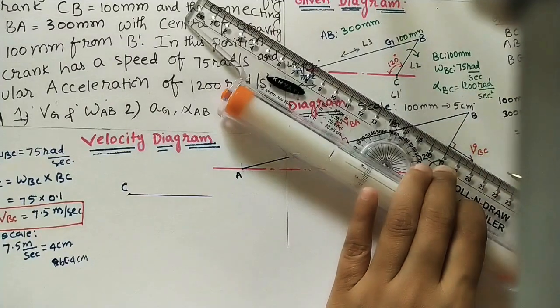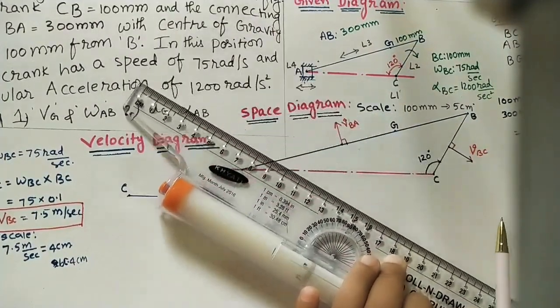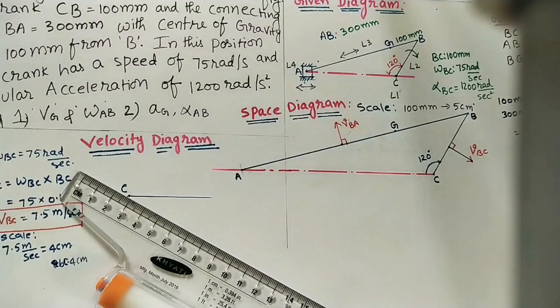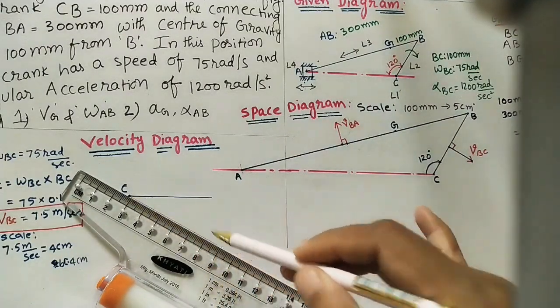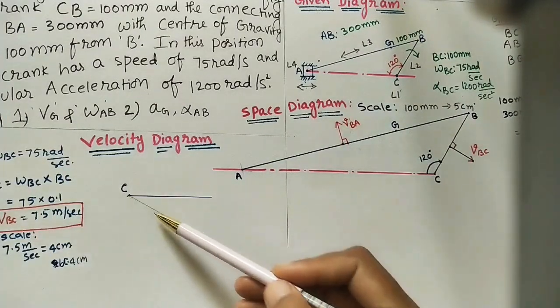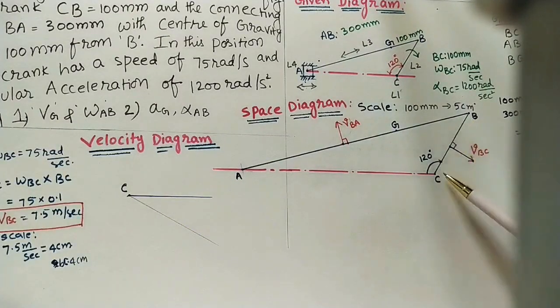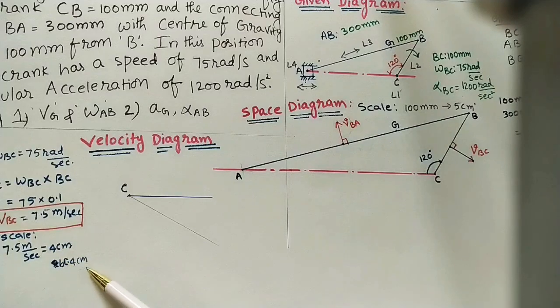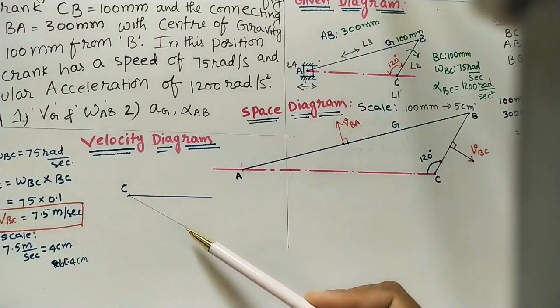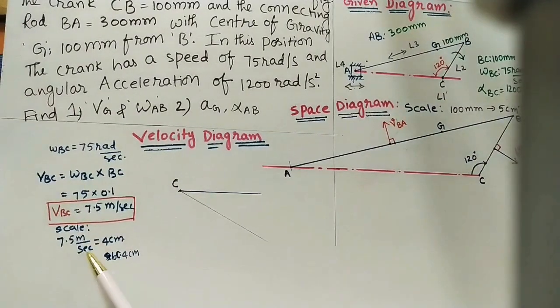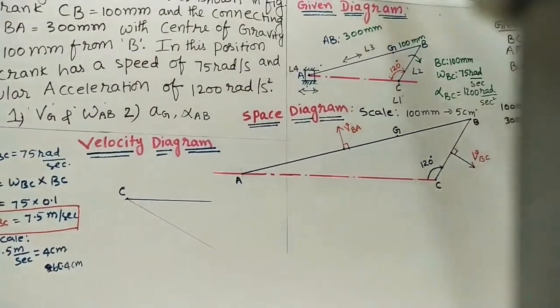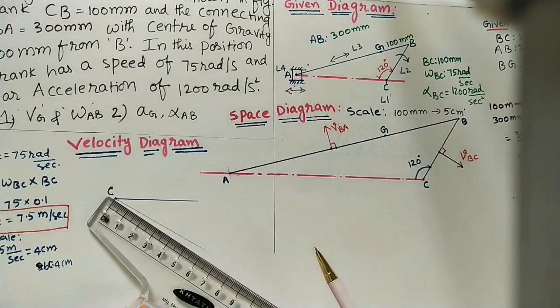It should coincide with this line, and then tilt the scale at C. Just do one line here. We don't know how much length, just do one line. On it mark this BC vector length. How much BC vector length? It is 4 centimeter. On it mark 4 centimeter. So this 4 centimeter means it is the velocity of BC, 7.5. So on it mark 4 centimeter.